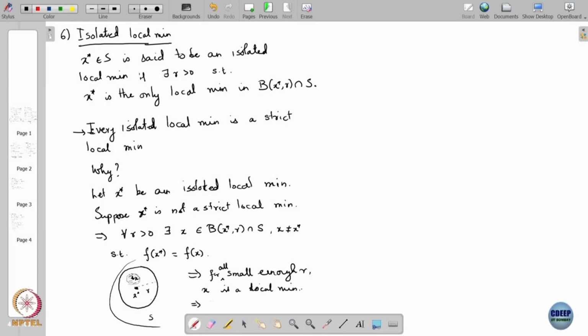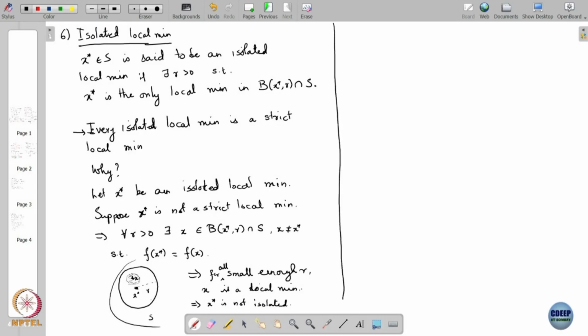What this means is that x star is not isolated. So, x star cannot be isolated. So, if it's isolated and not strict, we get to a contradiction that it's not isolated to begin with. So, it has to therefore be strict. Okay. So, every isolated local minimum is also a strict local minimum.